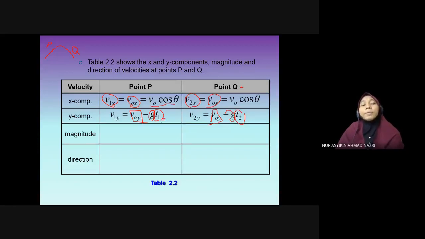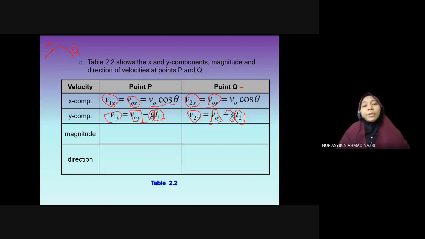Okay, time. Time causes it to change, because the time taken for the ball to reach this point is of course different from that at this point. Okay, at least it will be twice or more than that. So that time affects your V2Y value.